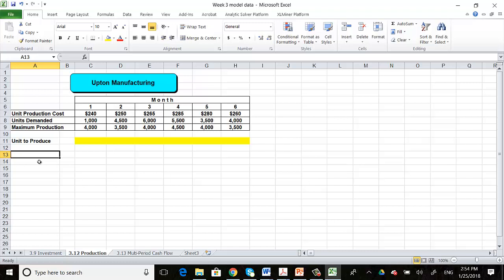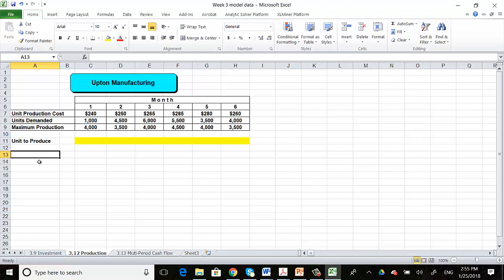We said the relation is the beginning inventory, so like I0 plus production in that month, this is for month 1, subtract the demand in month 1 equals the ending inventory of month 1. And then you start from here. I1 plus P2 minus D2 is I2, and all the way.